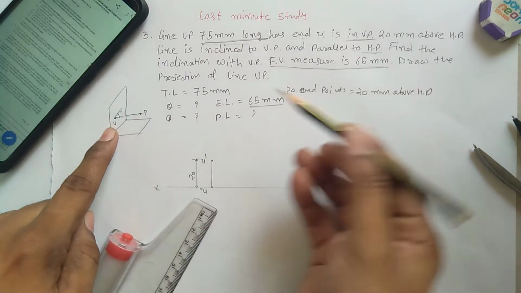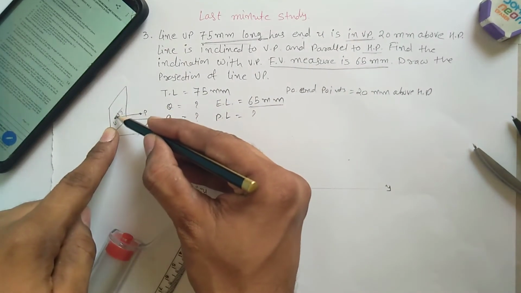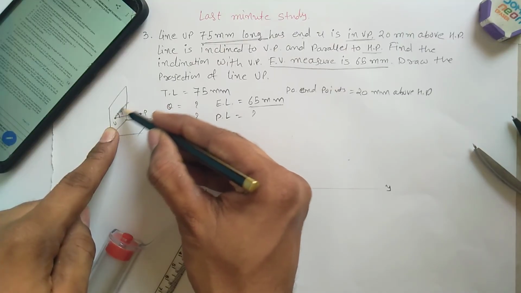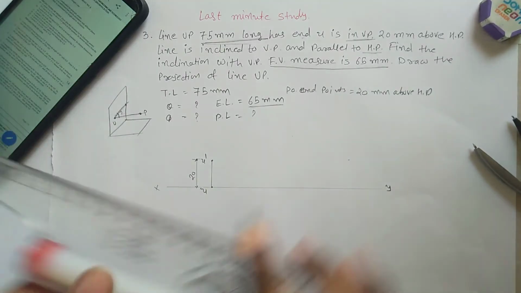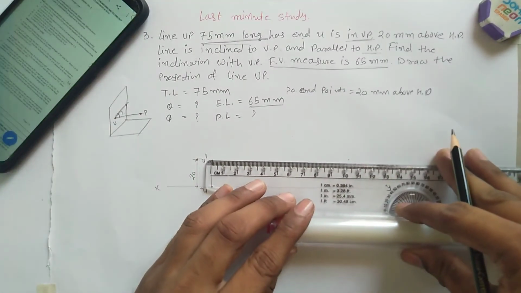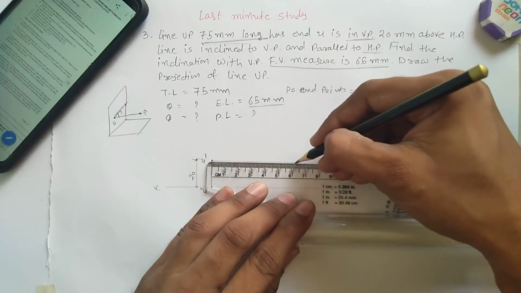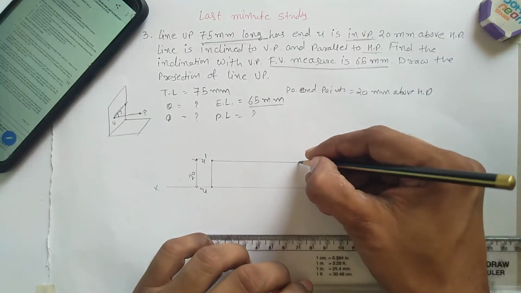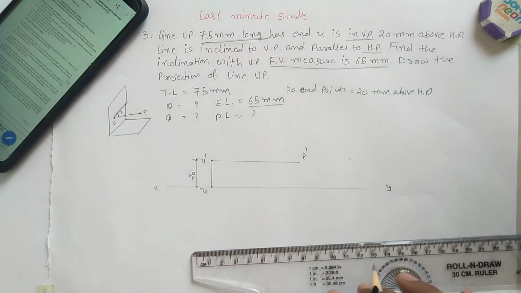So if you observe from the front, you can see only a straight line like this. That distance, 65, is given to you. So you have to measure a distance of 65 from this direction. So this point is your P dash.